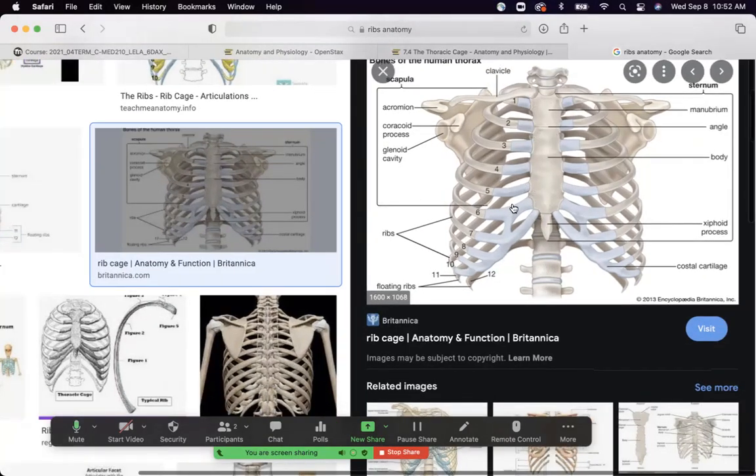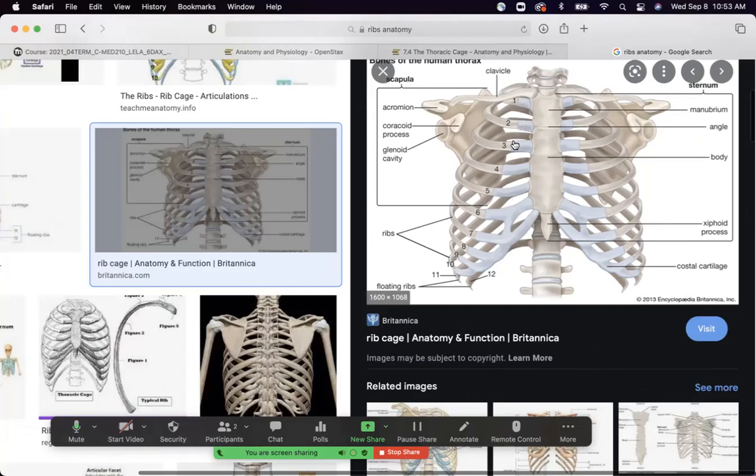So if I'm looking at my rib cage, you could see that all of this is cartilage. That's your costal cartilage. And that's important so my chest can expand when I breathe. Now, if you look at what they call the true ribs, the true ribs are ribs that are directly connected to your sternum.